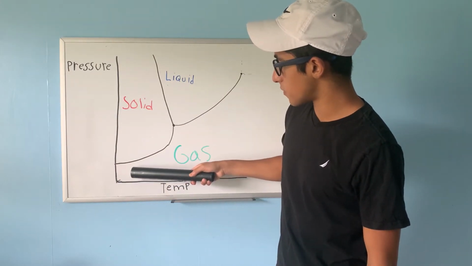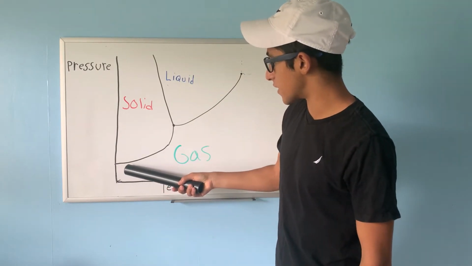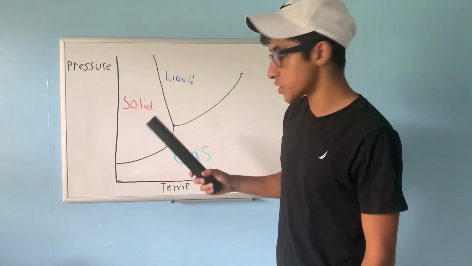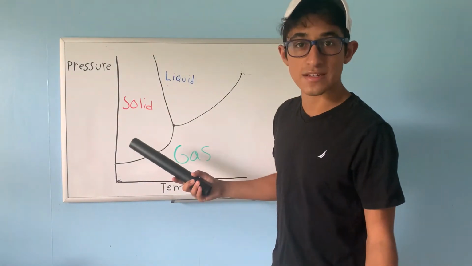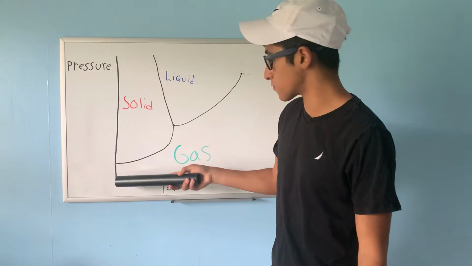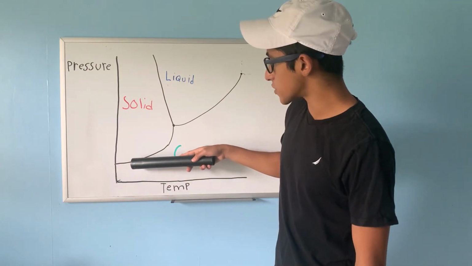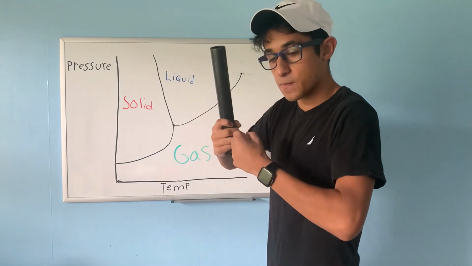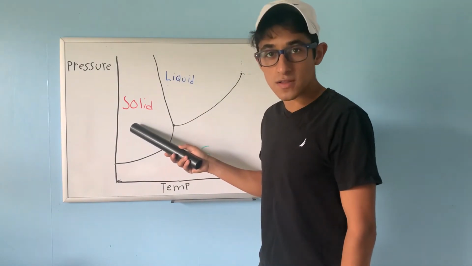So we move up, and slowly the particles move together until we reach this line. Now remember that the phase change from a gas to solid is known as deposition. This can be seen in dry ice, for example. You should look it up if you can't really visualize this. But we can increase the pressure until all the particles get pushed together and sort of forced together until it becomes deposited into a solid.